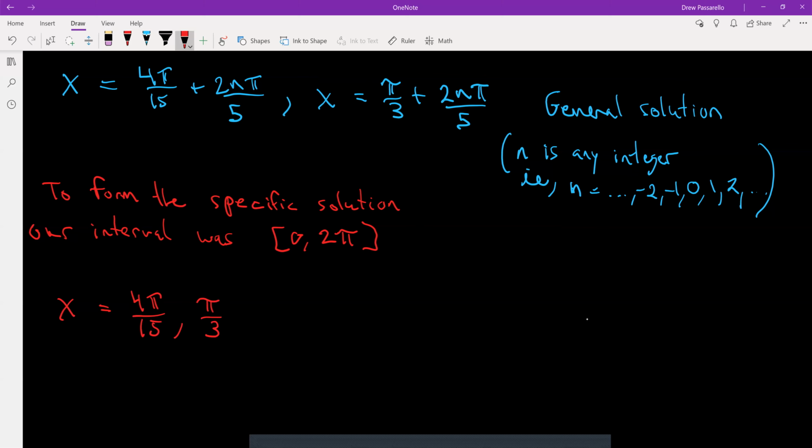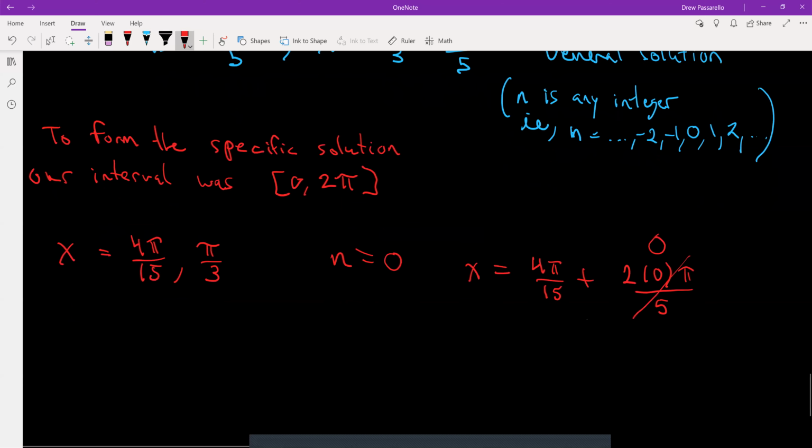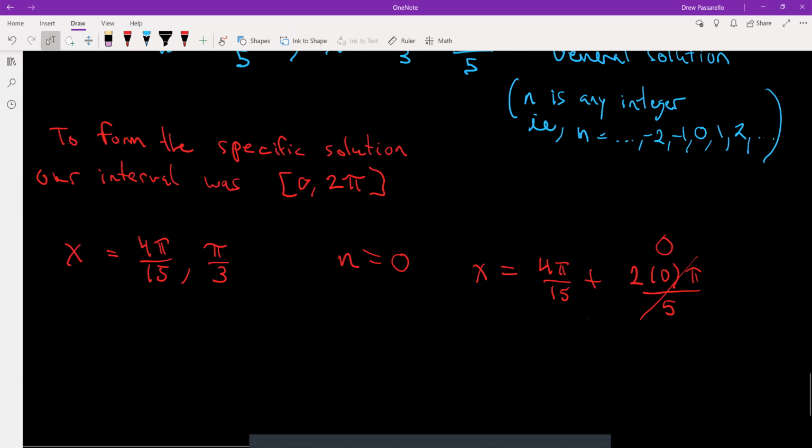And that's when you choose n to be 0. For instance, x would be equal to 4 pi over 15 plus 2 times 0 times pi over 5, and that collapses because that's 0, which gives you the 4 pi over 15. And the other one would be the pi over 3 when you plug it in.